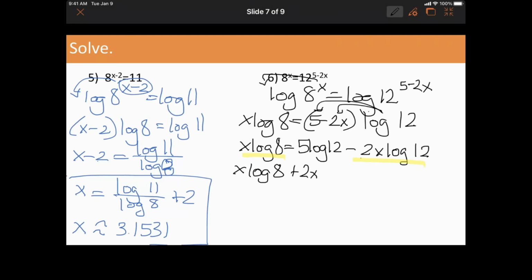And we're doing this because I want the x's on both sides so I can factor it out, making 1x. Now note that I put the numbers in front. We do not put the numbers in back, because then it would look like a log of 125. So now that we have this, I'm going to factor out my x.